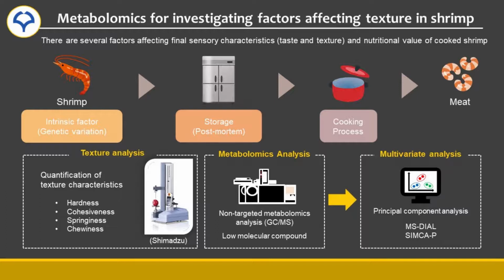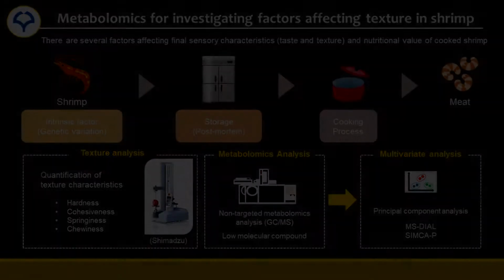We use metabolomics to investigate the factors affecting the quality in shrimp. We found several factors such as genetic variation, storage, and cooking process affect the final sensory characteristic including taste and texture and nutritional value to the cooked shrimp.